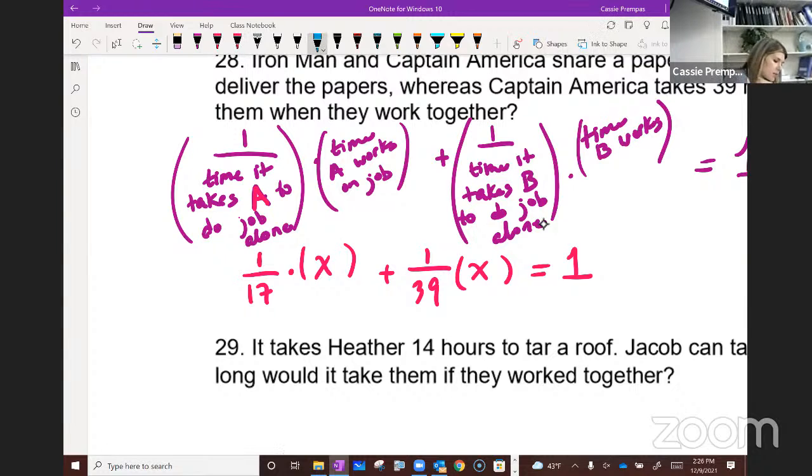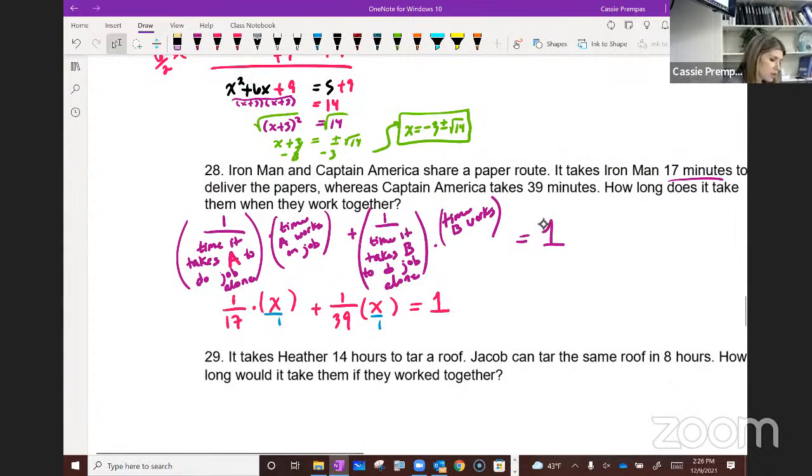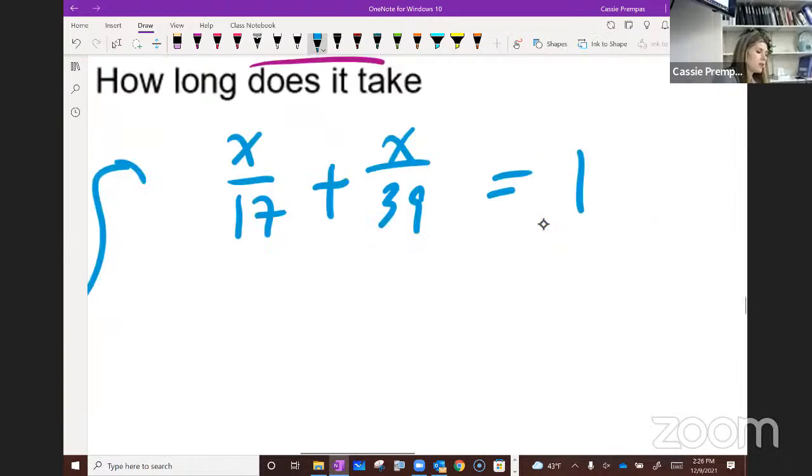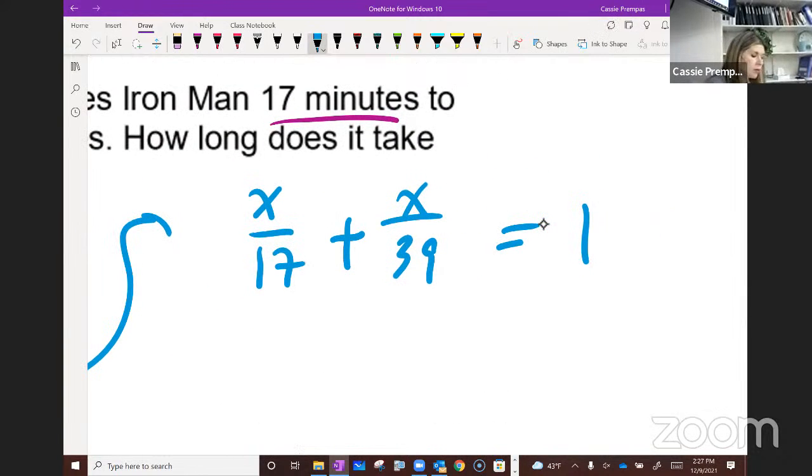So X is the same as X over 1. And so this equation actually simplifies to X over 17 plus X over 39 is equal to 1. This was the whole rational equations lesson unit. How do we get rid of all those fractions? Least common denominator.